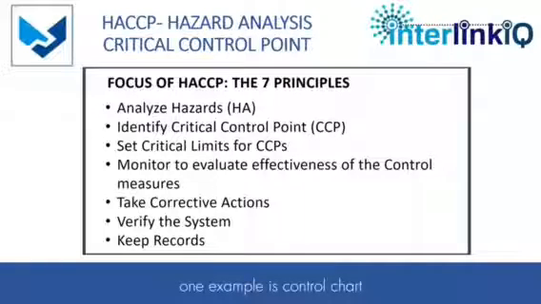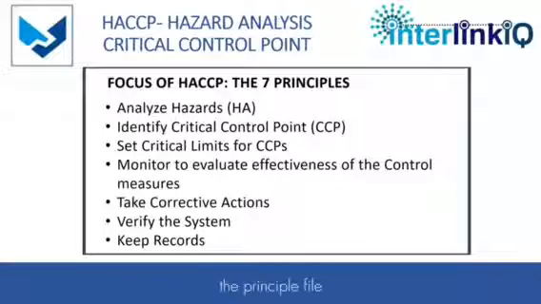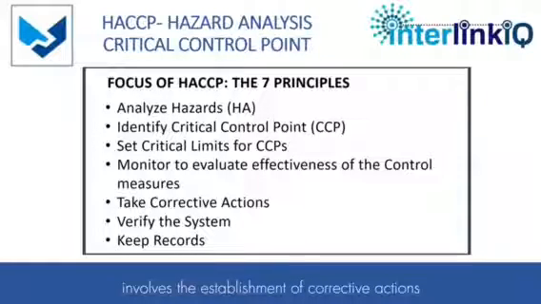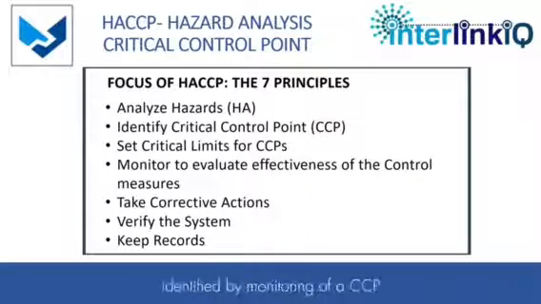One example is control chart, in which we have an established schedule of monitoring. The Principle 5 involves the establishment of corrective actions. It is where we establish corrective action to be taken when there is a deviation identified by monitoring of a CCP. A deviation is a failure to meet a critical limit.